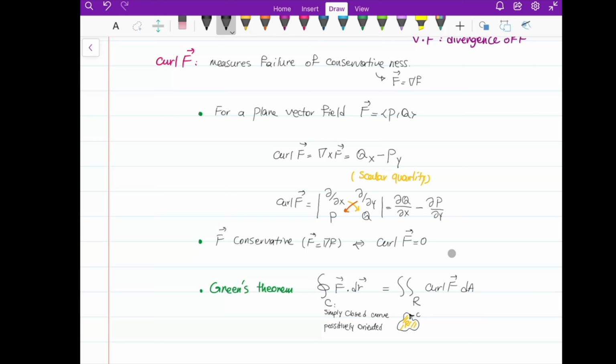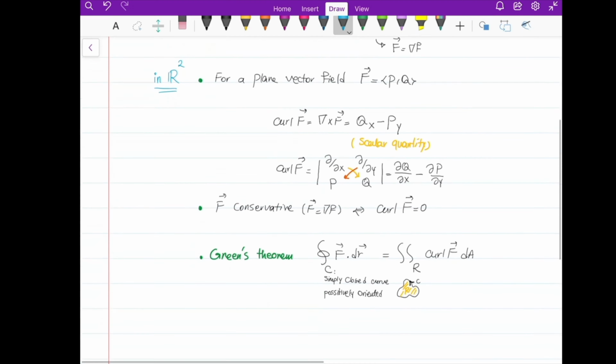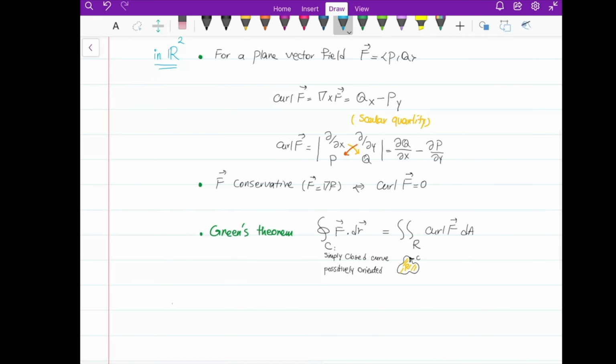Now that was the definition of curl for a vector field in the plane. So in R2, we define curl like this, and we have Green's theorem in terms of curl. But let's look at curl in R3.